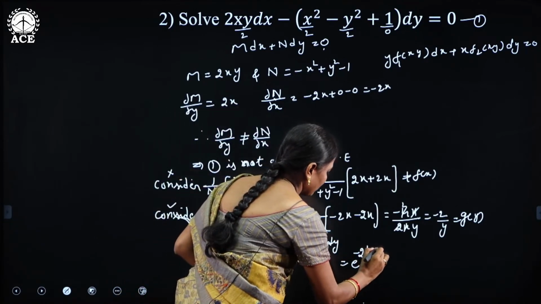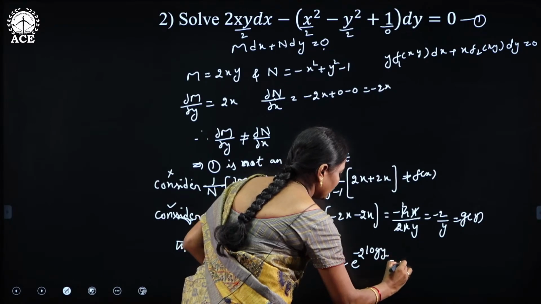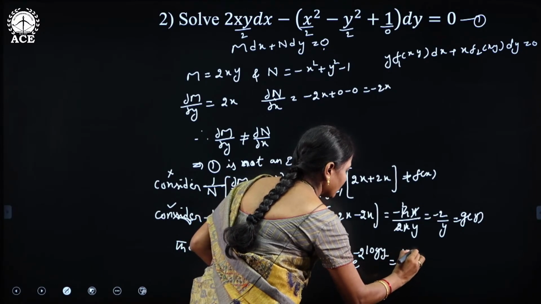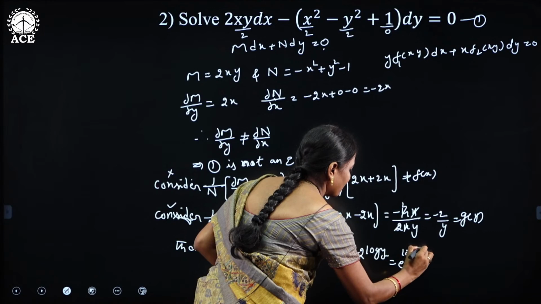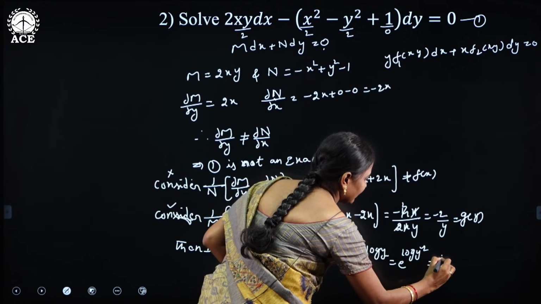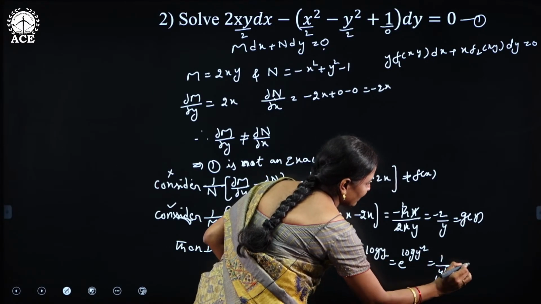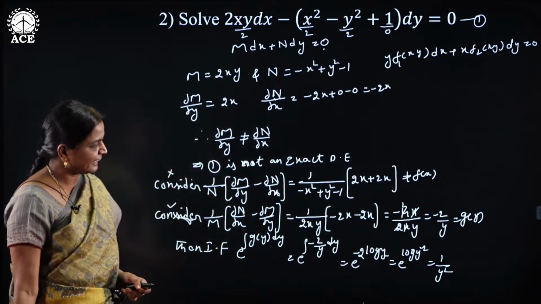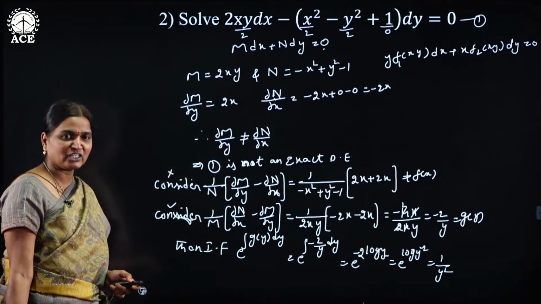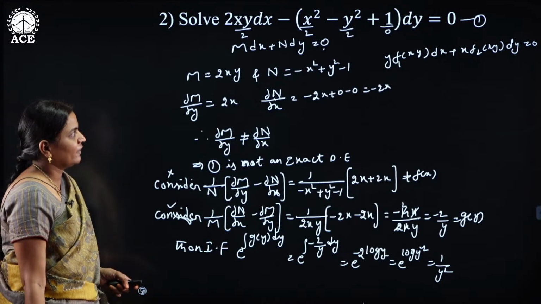Log y. Which is equal to log of y to the power minus 2. So totally we get 1 by y squared. So the integrating factor of the given differential equation is 1 by y squared.